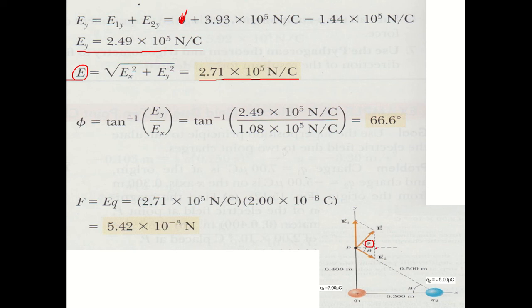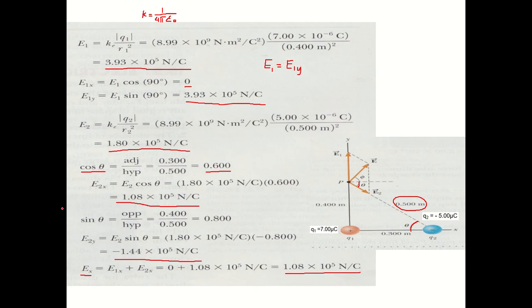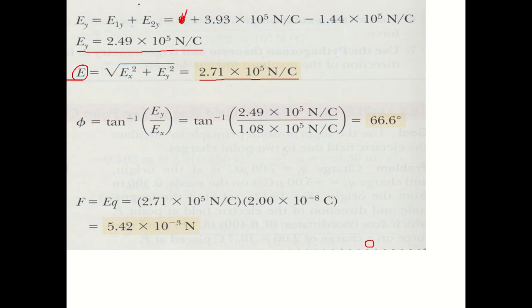So we get a sub y, which is this one, then over adjacent a sub x. So the a sub x here is the one that we have calculated a while ago, which is 1.08 times 10 to the 5 Newton per coulomb.